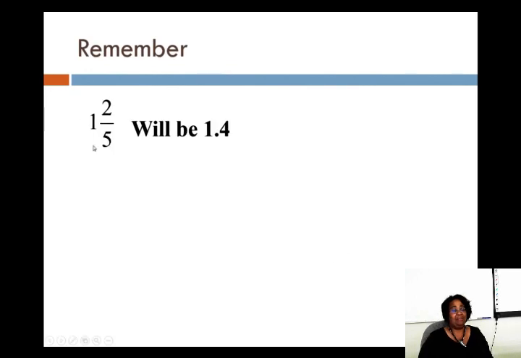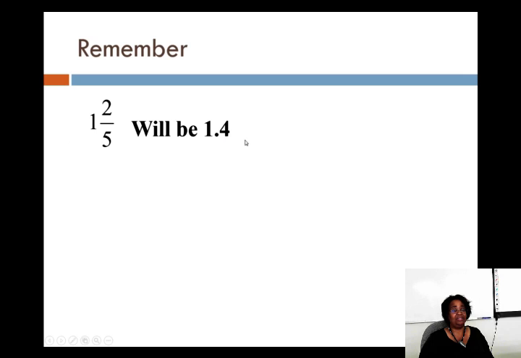So if I have a mixed number, whatever the whole number is in the mixed number, which is a fraction, will also be the same whole number in the decimal. So here we have 1 and 2/5. Here we have 1 and 4/10.